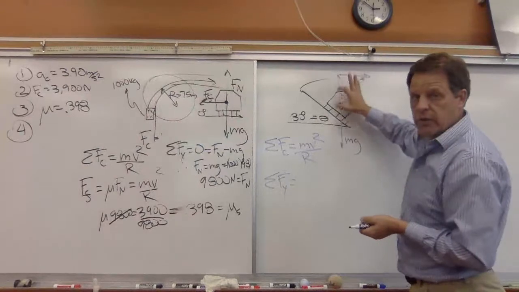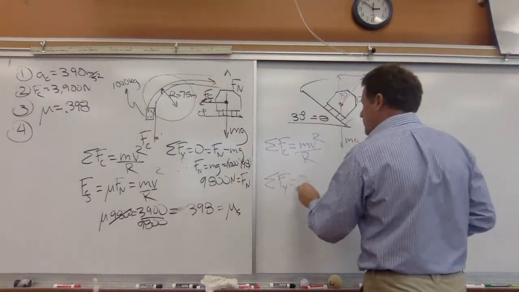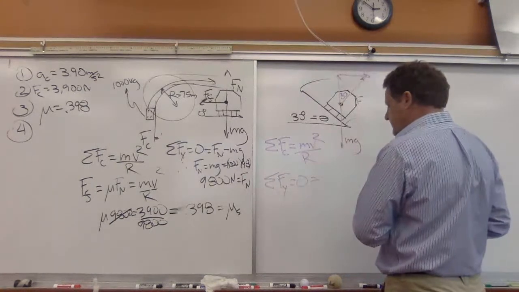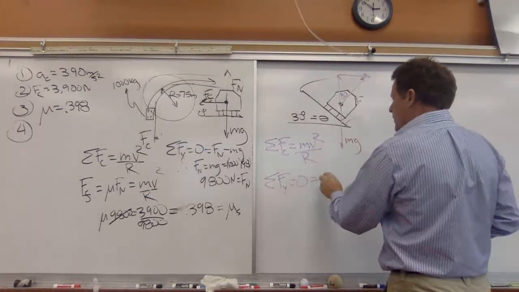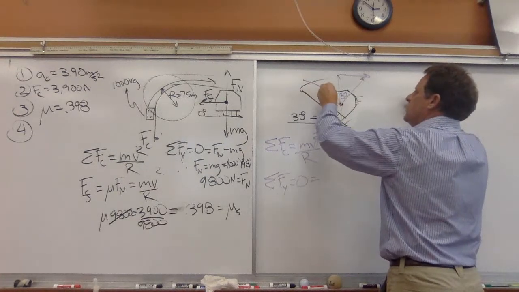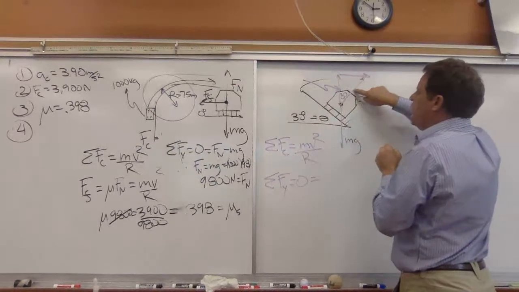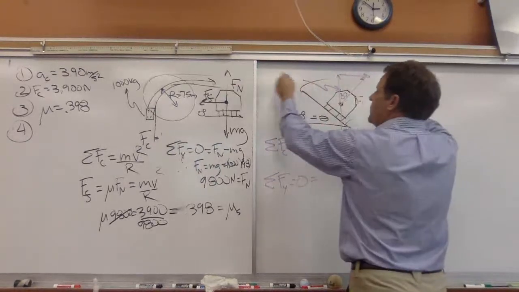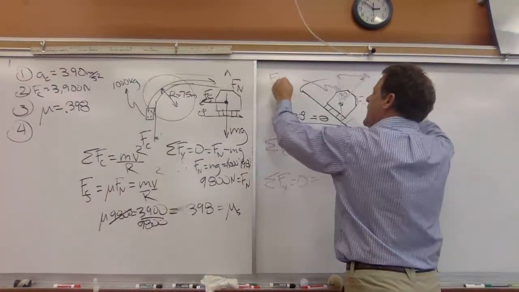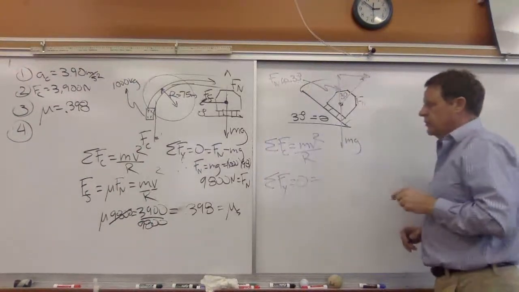Now, this car, just like before, is not going to levitate or sink, and therefore this part is equal to 0. And we're going to have this component right here. Remember, this is the hypotenuse, that's the angle. So this one right here is going to be Fn cosine 30 degrees.